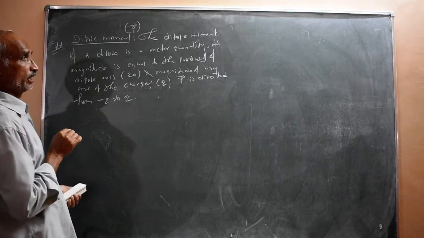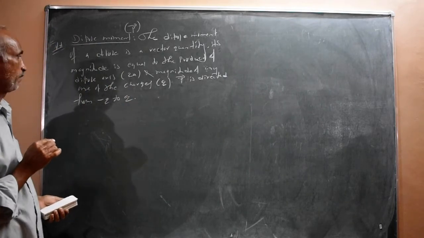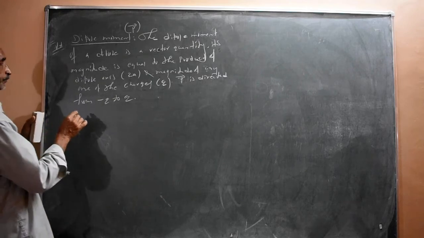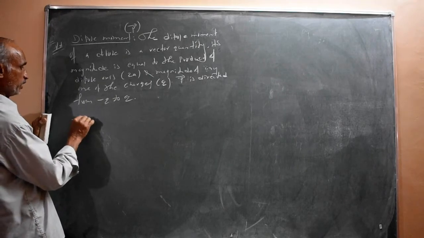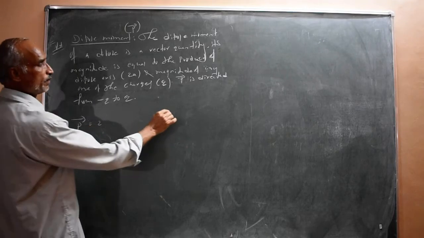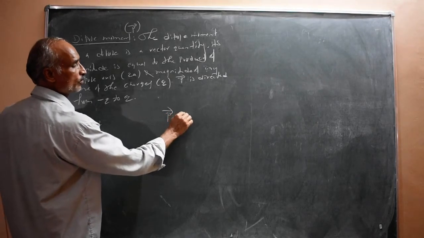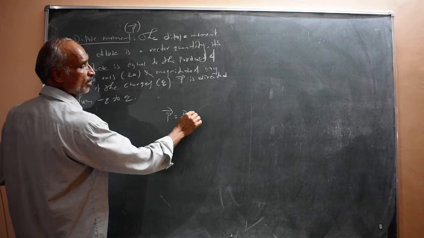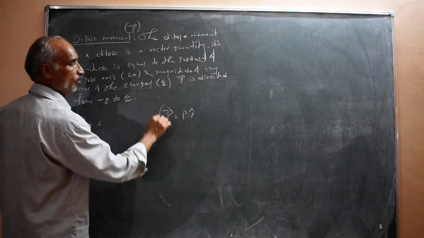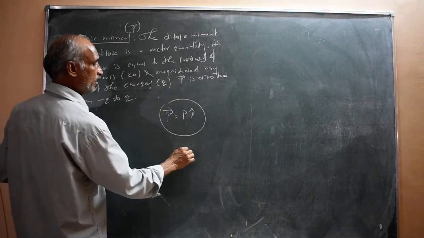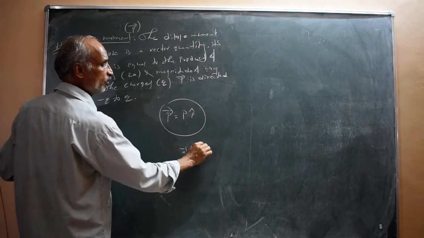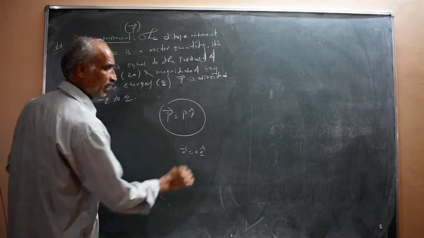What is the direction of the dipole moment? p bar equals its magnitude p into direction. Direction is given by p cap. Just as vector a bar equals magnitude a into unit vector a cap, the unit vector always gives the direction.